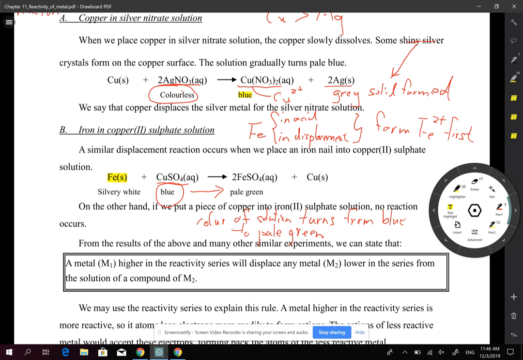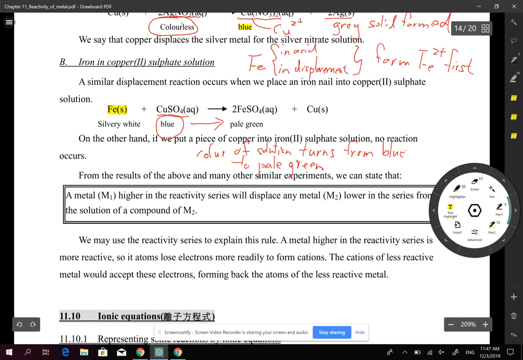And finally, because it will form the compound iron 2 plus, what is the color of iron 2 plus? Copper removed, no longer blue. Forming iron 2 ion, it is pale green. So it changed from blue to pale green. And because some copper will be formed, what is the other observation? Brown solid forms.